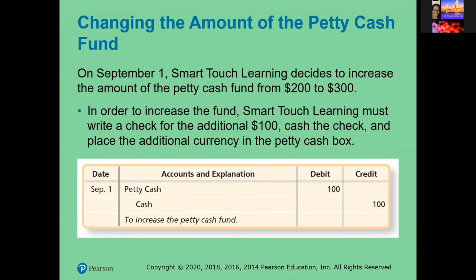Had the petty cash fund been decreased, then the debit would have been to cash and the credit to the petty cash account. Remember that the only time the petty cash account is used in the journal entry is when the account is established, increased, or decreased.